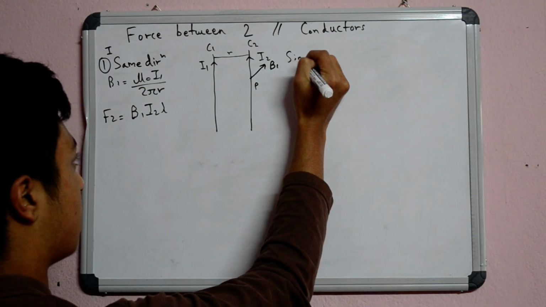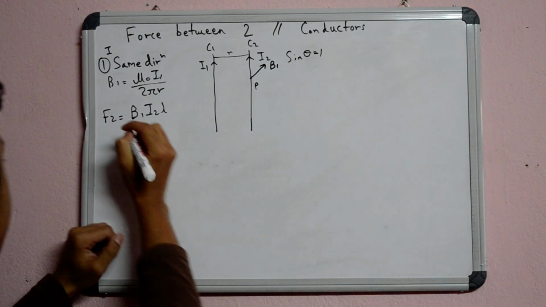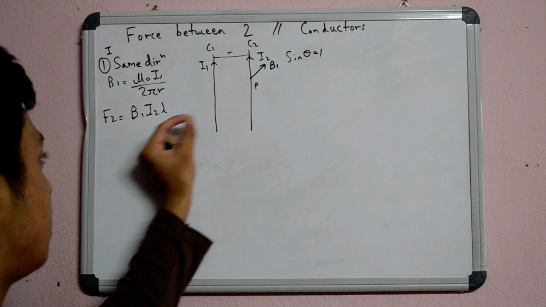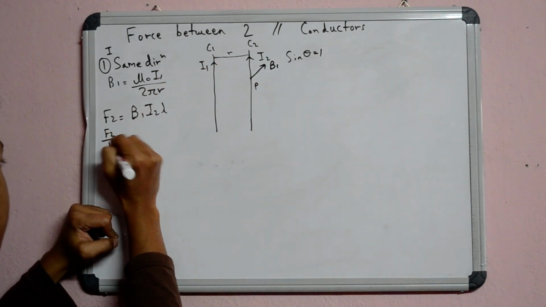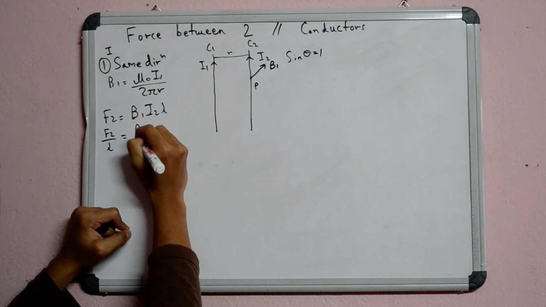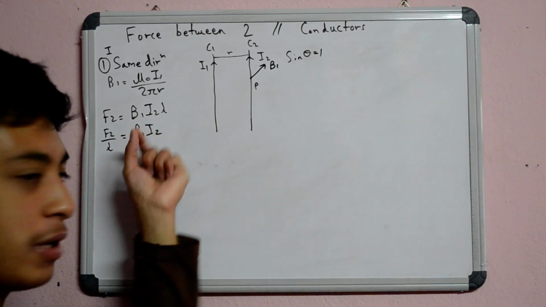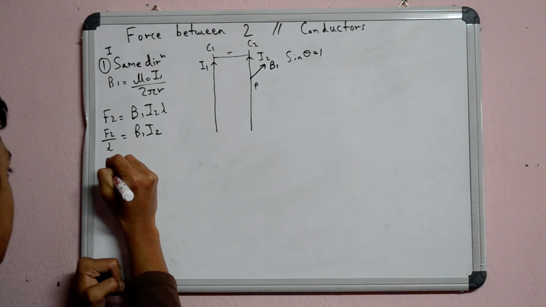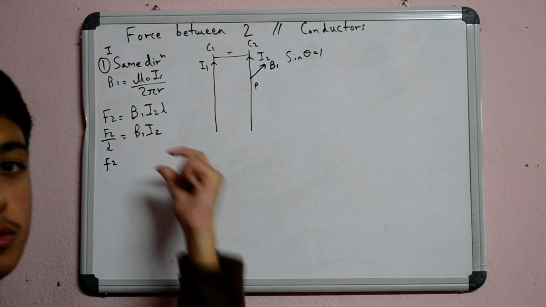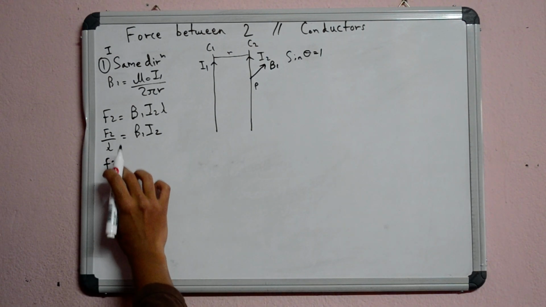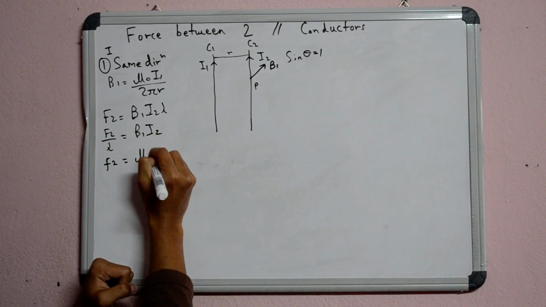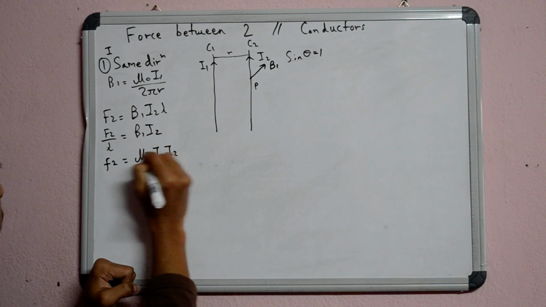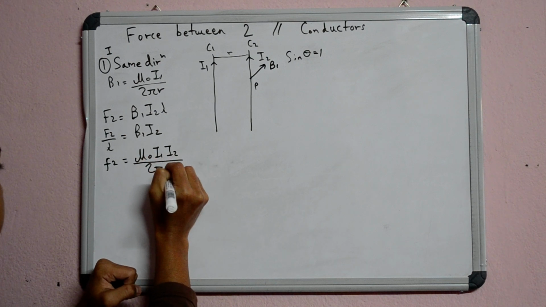That means sine theta will be 1. We have equal length on both sides, so we can just divide by the length to make it easier. We can write it as force per unit length, or simply F2, which represents the force per unit length, equal to mu naught I1 I2 by 2 pi r.